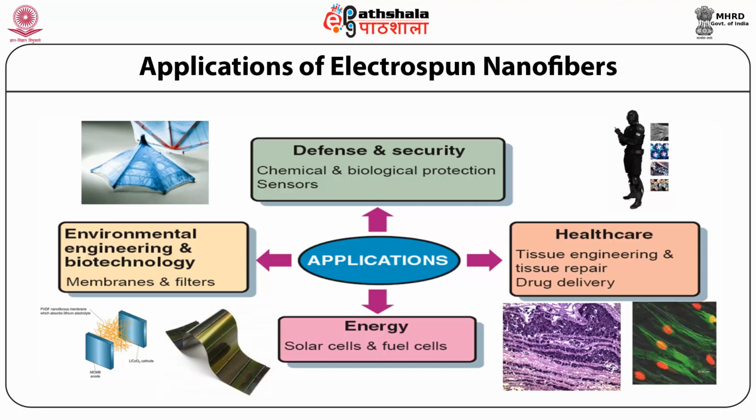I want to discuss the applications of electrospun nanofibers. Polymeric nanofibers, which are non-woven material produced by electrospinning, have extremely high surface to mass or surface to volume ratio and a porous structure with excellent pore interconnectivity.